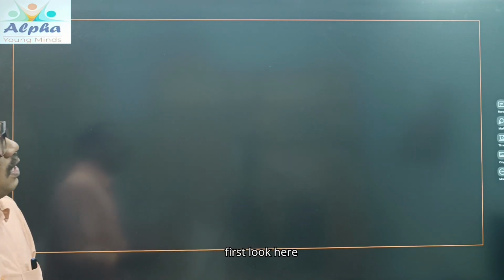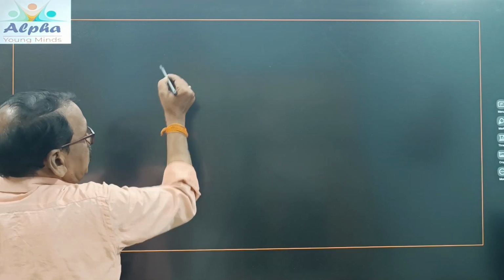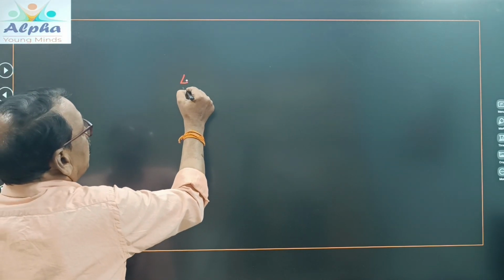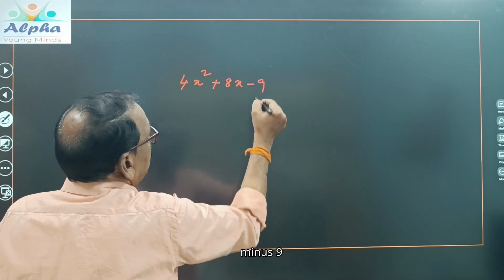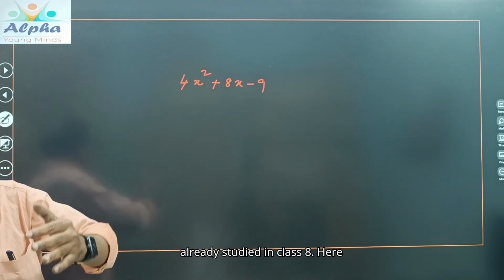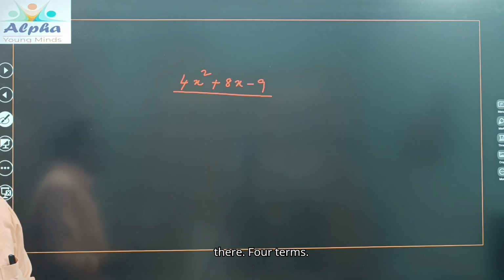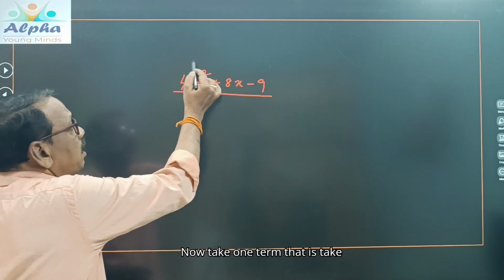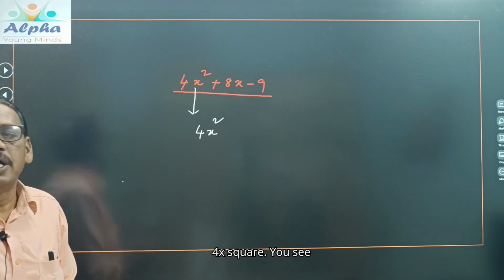So first, look here. Take one algebraic expression, that is 4x square plus 8x minus 9. So this is an algebraic expression already studied in class 8. Here how many terms are there? Three terms are there. Now take one term, 4x square.